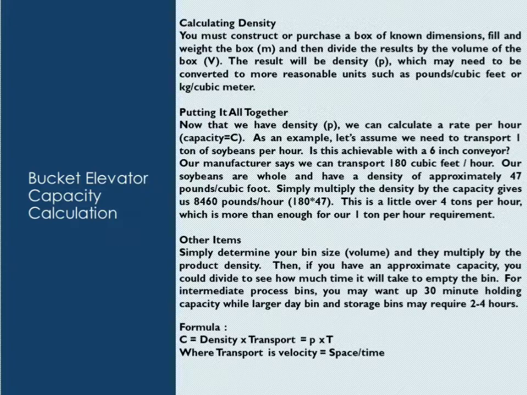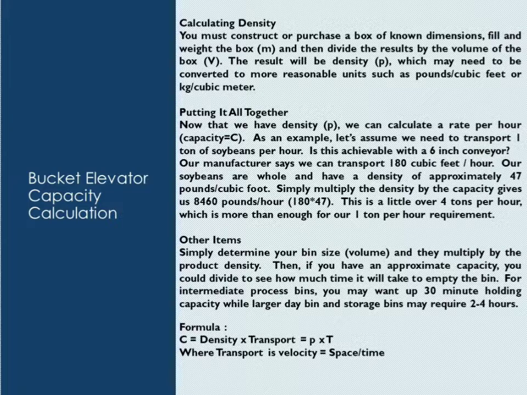You must construct or purchase a box of known dimensions, fill and weigh the box, M, and then divide the result by the volume of the box, V. The result will be density, ρ, which may need to be converted to more reasonable units, such as pounds per cubic foot or kilogram per cubic meter. After that, put all the formulas together.